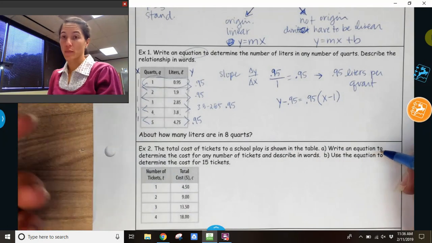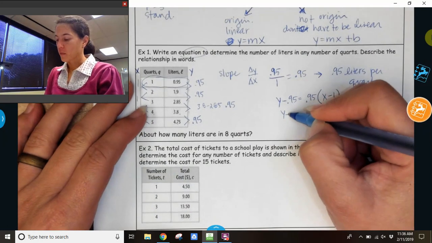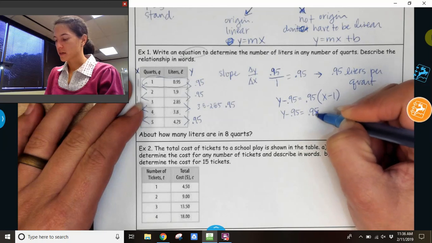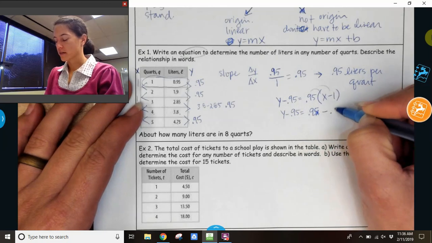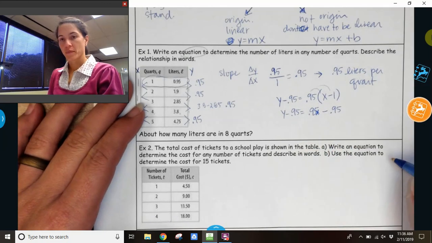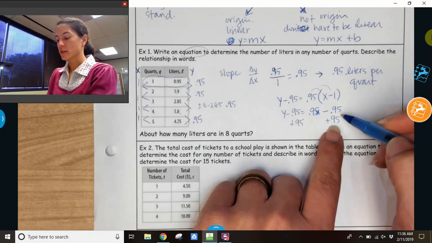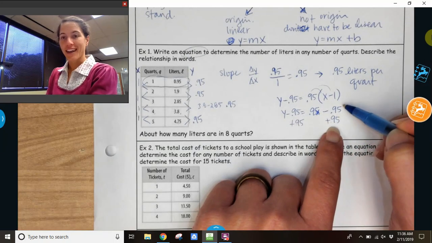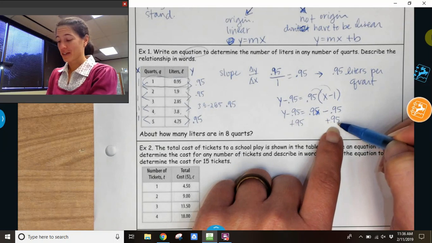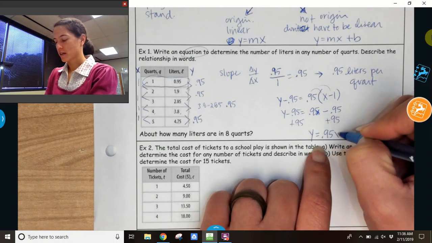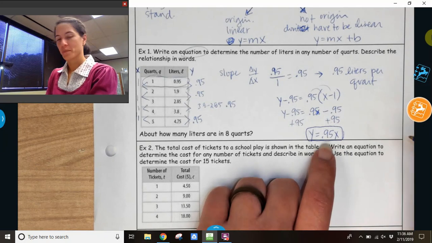So again, I picked a point and I put it in point slope. Then I'm distributing. I'm going to add 0.95 to both sides, and do you see what's going to happen here? Negative 0.95 and a positive 0.95 are going to cancel, and I'm left with, here is my equation.